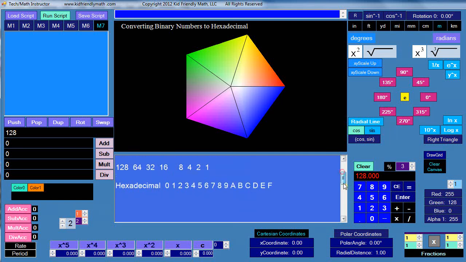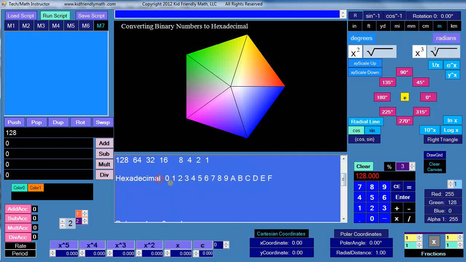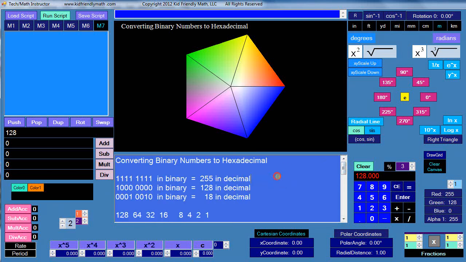Well, 15 in hexadecimal is equal to F. So the first digit is an F, and then the second digit, the second set of 4-bit binary number, which we call a nibble, would also be an F. So it'd be FF in hexadecimal. So it's really just two individual hexadecimal numbers like that.